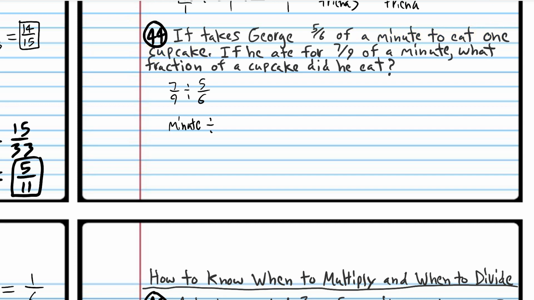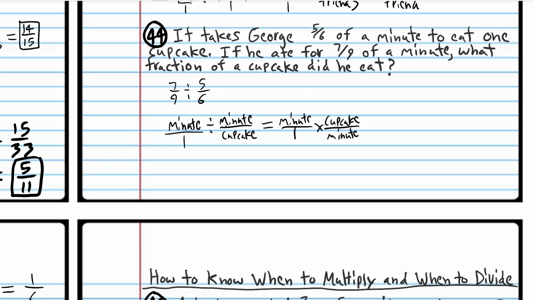So that's 5/6 of a minute for every cupcake. So that's minutes over cupcakes. And this minute we can just consider to be a whole number, so we just write over 1. And if you divide that, it's minute over 1 times cupcake over minute.